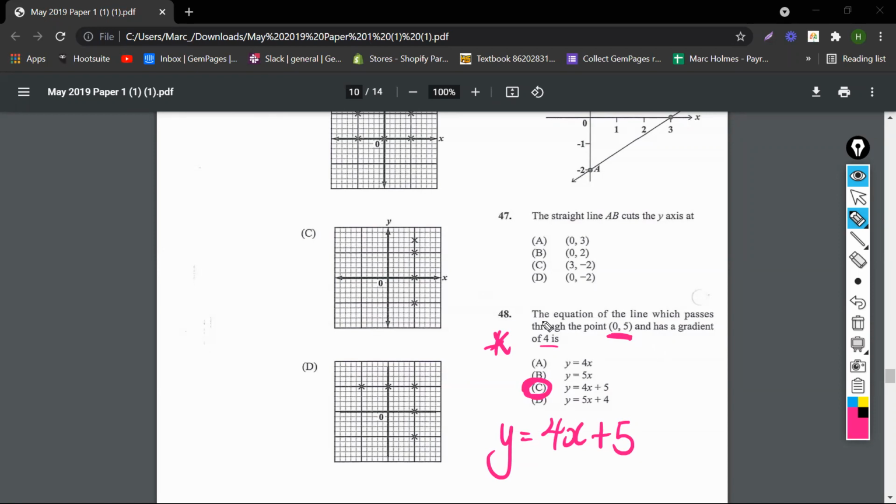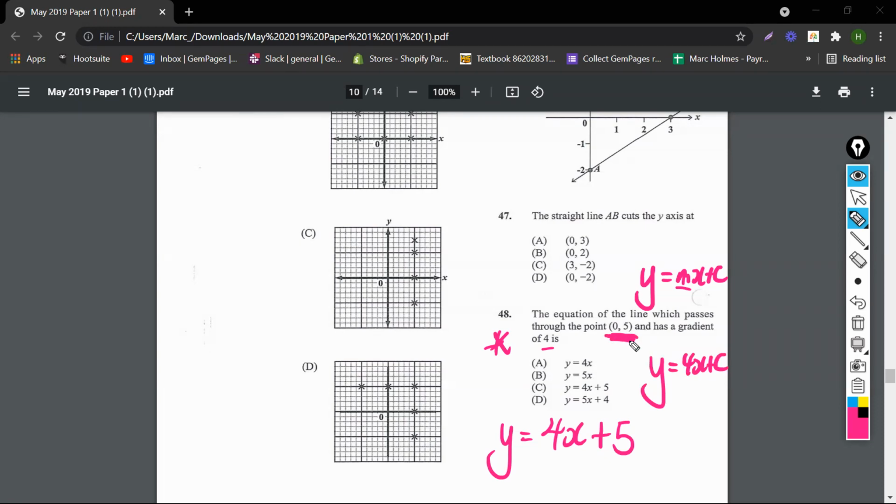This was not so easy. Most people, remember guys, it's y is equal to mx plus c. That's the equation of the line. They say the gradient is 4, so the m is 4. So we should at least get y is equal to 4x plus c.